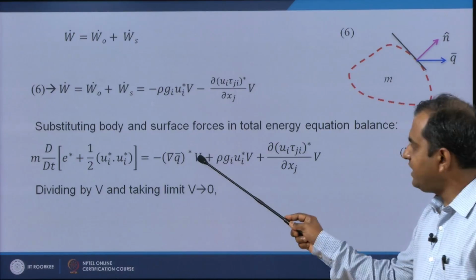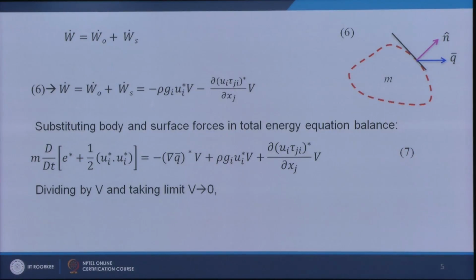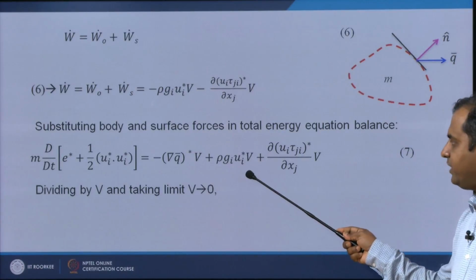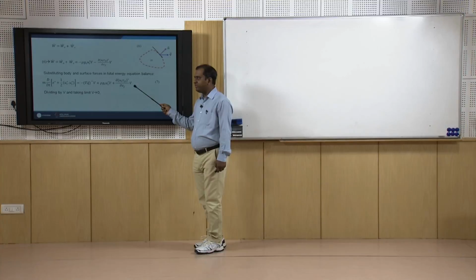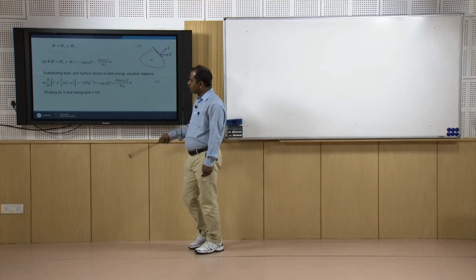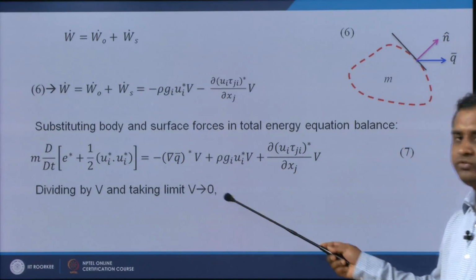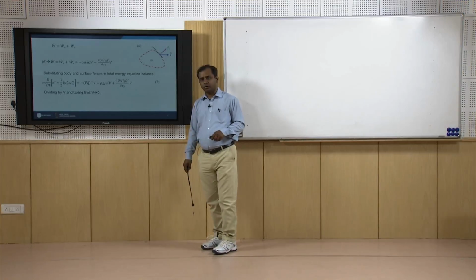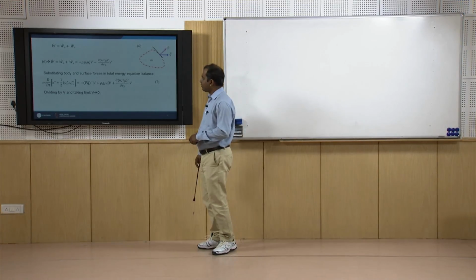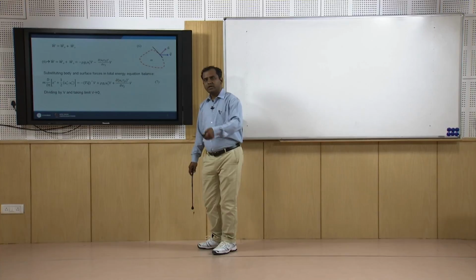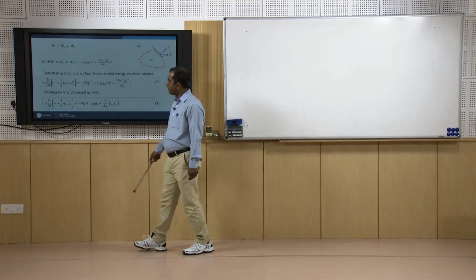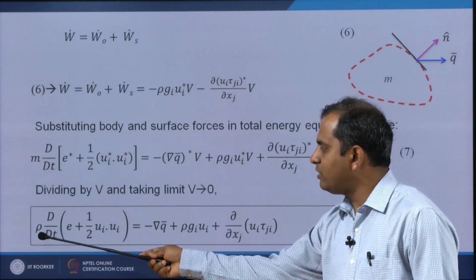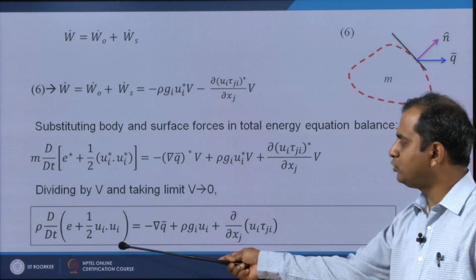Here also V and V cancel in the first term on the right hand side, and in the second term on the right hand side V also cancels, and here also V can be cancelled if I divide the whole equation by V. Also, let us take the limit V tends to 0, that means a very infinitesimal volume. So, from the control volume we are now moving to the infinitesimal volume problem. If we do so, m by V comes as rho, and the rest of the terms remain the same.